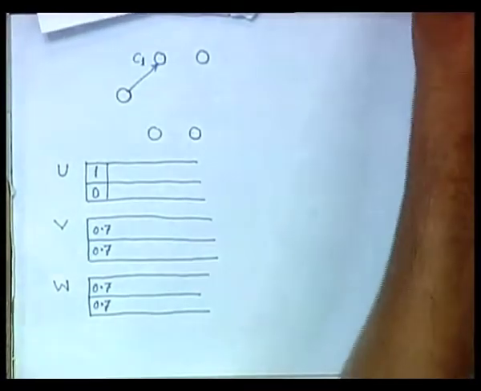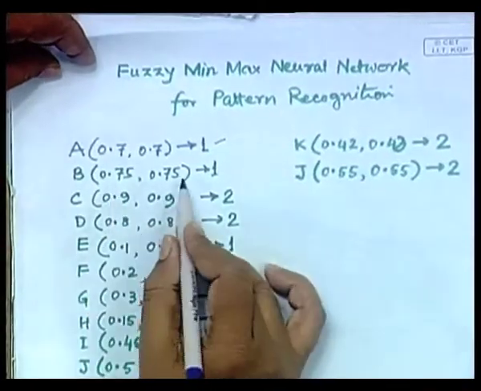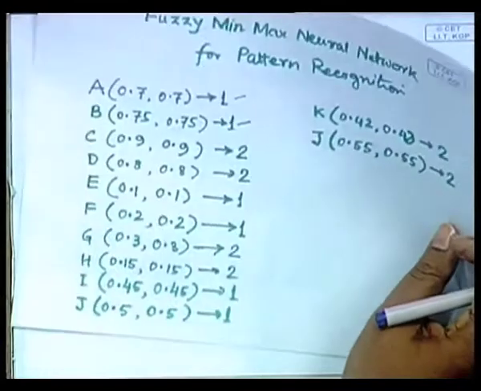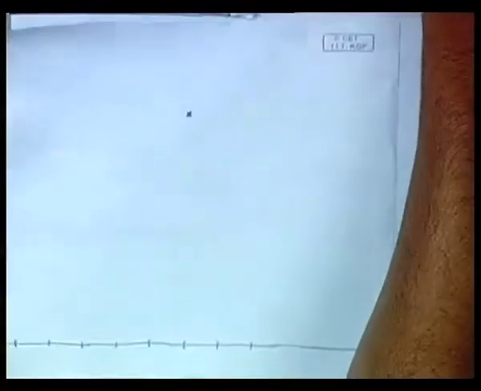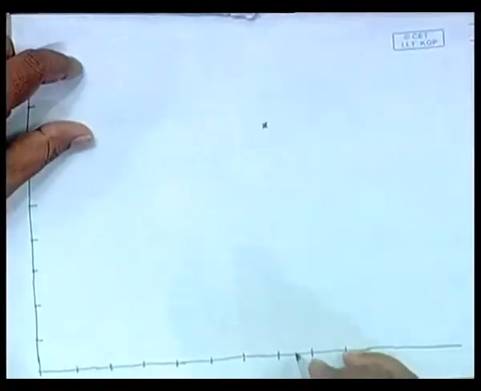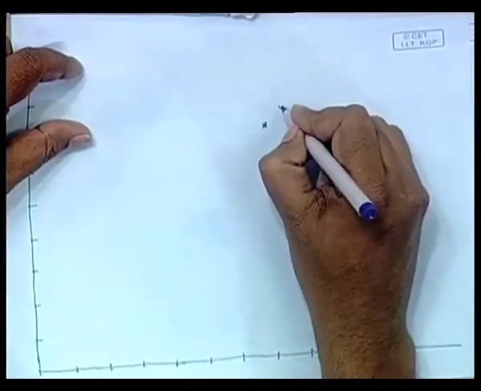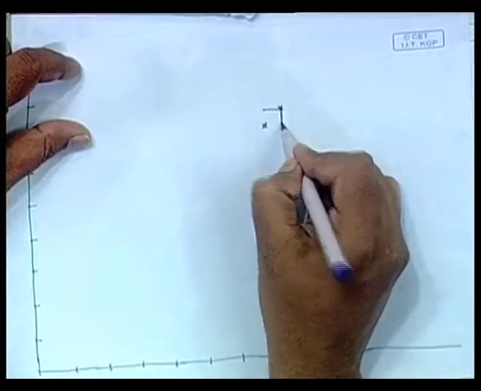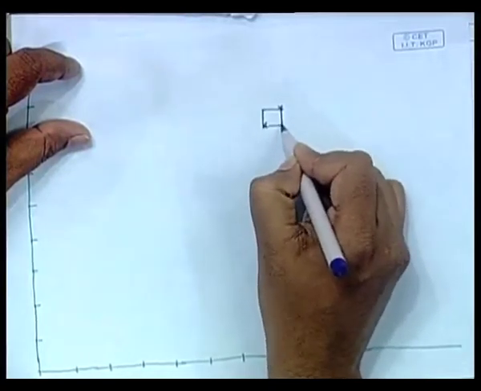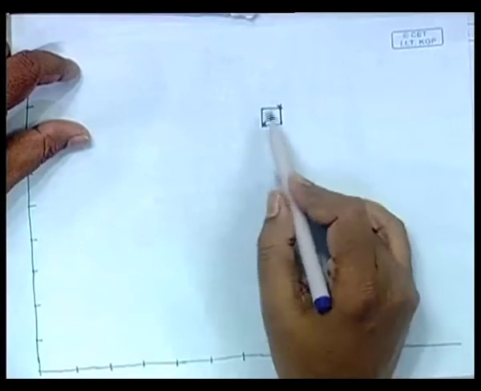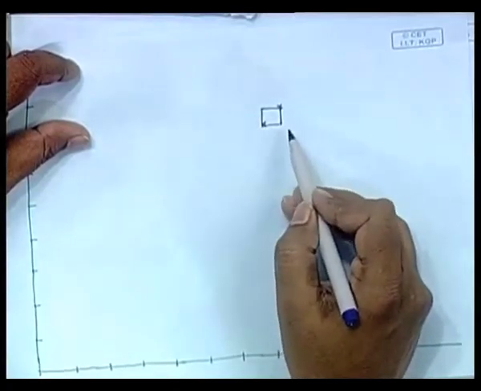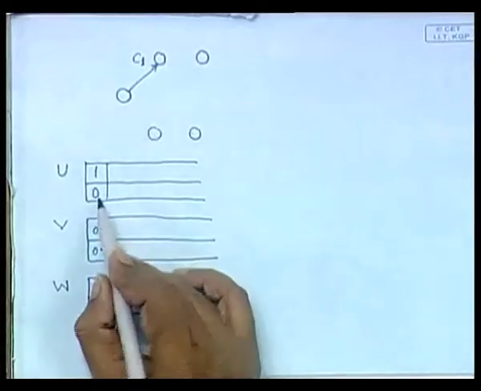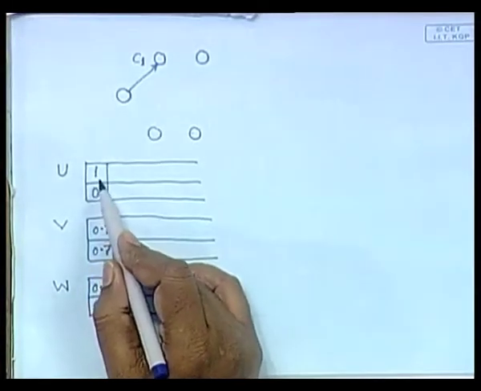Then when we take the second point, (0.75, 0.75), which also belongs to class 1, it comes over here, and I can expand the previous hyperbox to include this point. As we are not creating any new hyperbox, no neuron is added in the middle layer, and the U matrix remains the same.